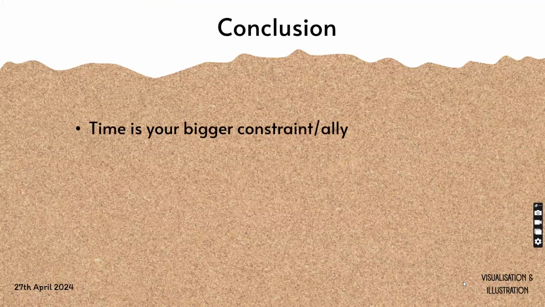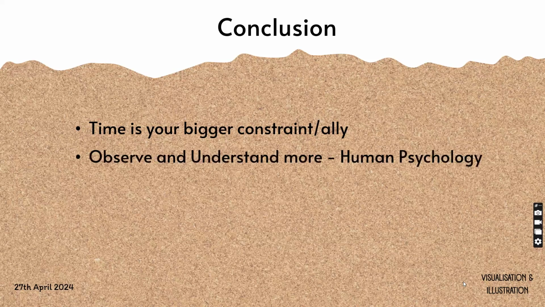So here's the conclusion for this workshop: time is your bigger constraint or ally in the whole process of design or anything you do in your life. Observe and understand human psychology more, because whatever we make and whatever we design is ultimately going through human psychology.